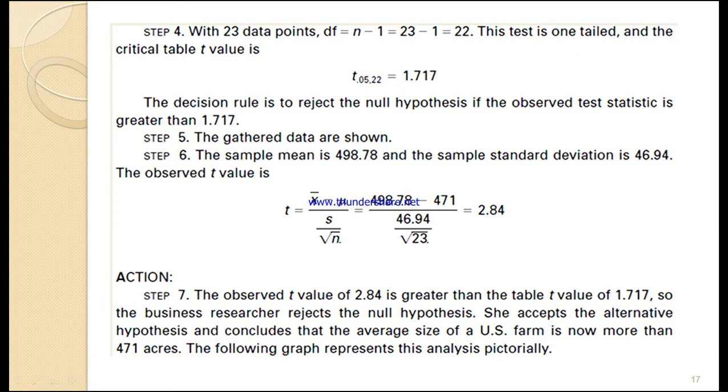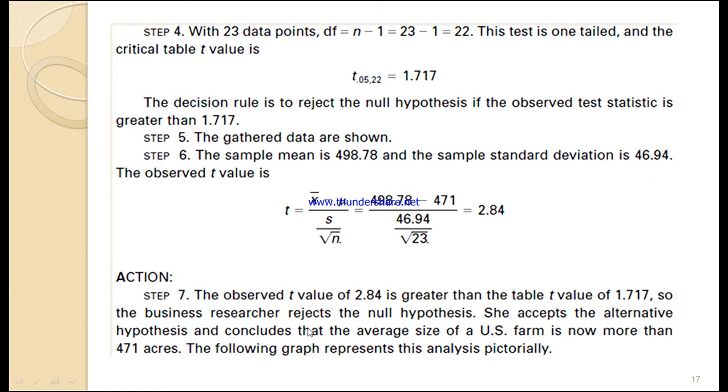At step number 7, the observed t-value of 2.84 is greater than the table t-value of 1.717, which means we compare the critical table t-value with the observed t-value. When we compare these two figures, 1.717 and 2.84, we find that the observed value, 2.84, is greater than the critical value, 1.717.